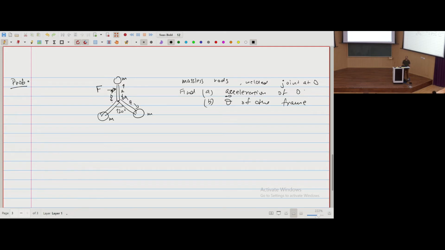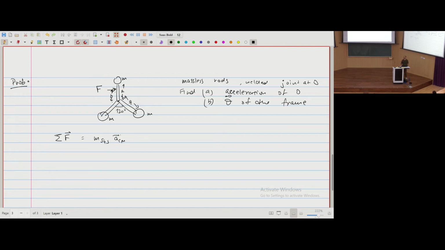It's a system of three particles. So our first attack should be using system of particles. We already know that the sum of all external forces, that is capital F, is equal to mass of the system times the acceleration of center of mass.